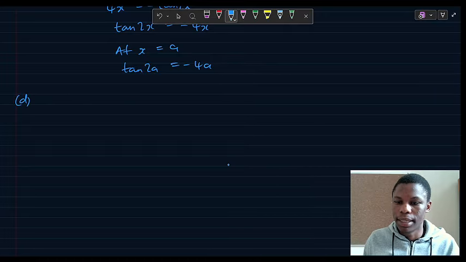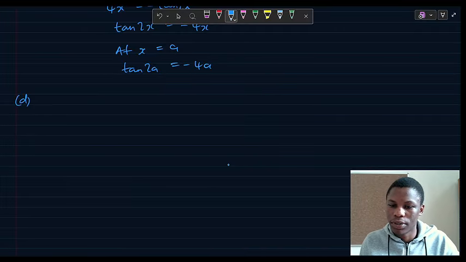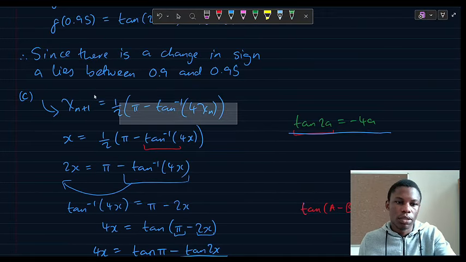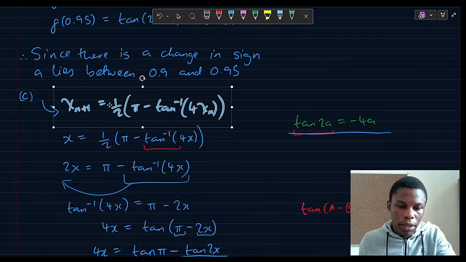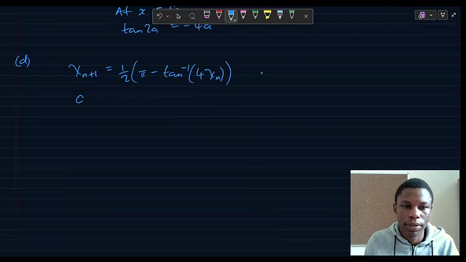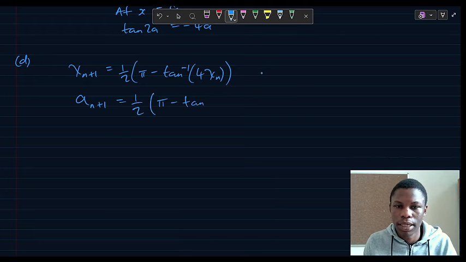Part D says, use the iterative formula in part C to calculate a correct to 4 decimal places. Give the result of each iteration to 6 decimal places. All right, let's copy our iterative formula. I'll rewrite it as a n plus 1 equals half times pi minus arctan of 4a n.